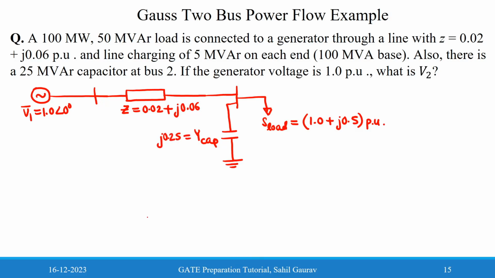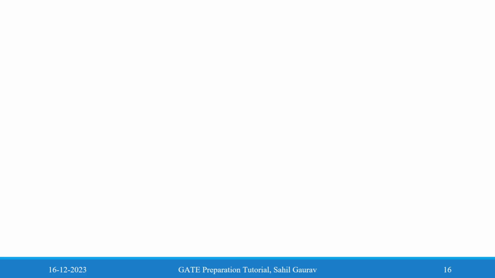All these values are in per unit. We have to find the voltage at bus 2.